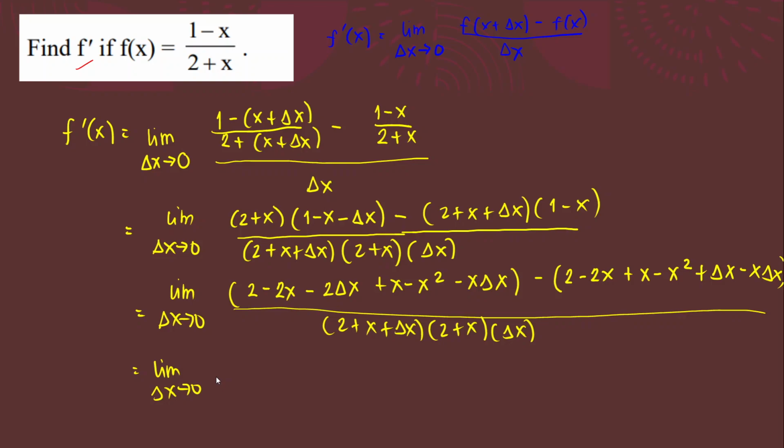Sulat natin to ng maayos. Sulat muna natin 2 minus 2x minus 2 delta x plus x minus x squared minus x delta x. Distribute natin yung negative: negative 2, positive 2x, minus x, positive x squared, minus delta x, positive x delta x.